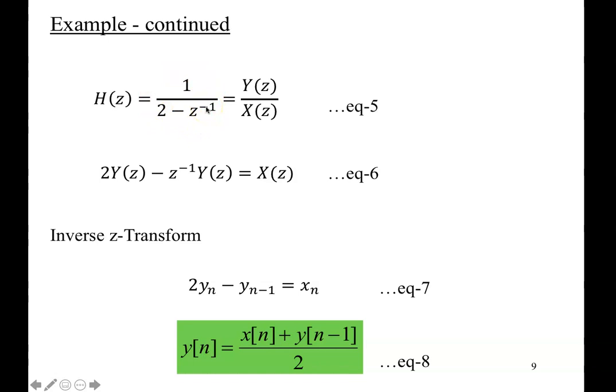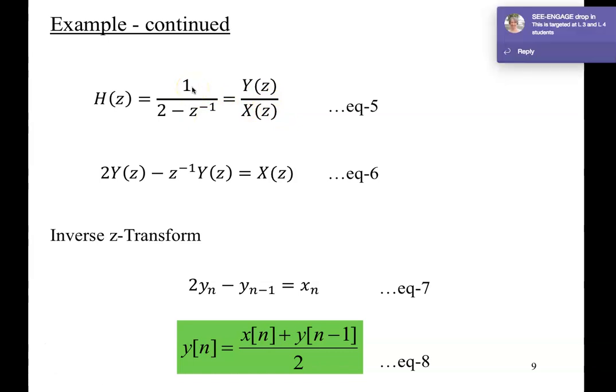Now the next step is very similar to when we try to find differential equations from transfer functions. What I do here is I multiply Yz by the denominator terms of the transfer function in z. That equals Xz multiplied by the numerator terms of the transfer function.